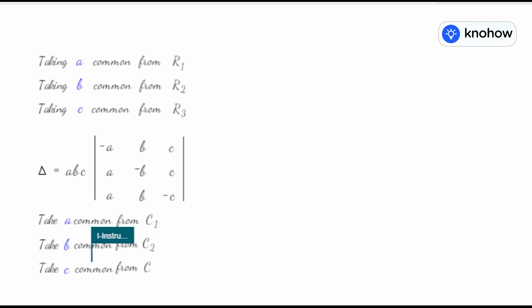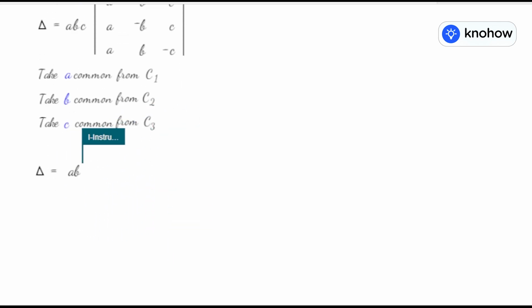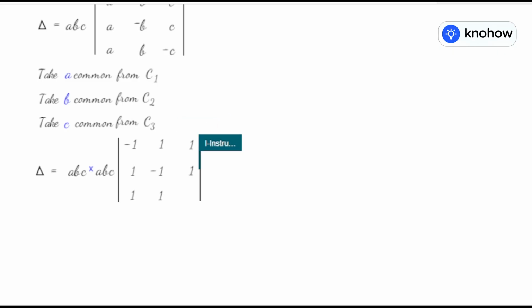So now your determinant has a, b, c that was already there, and again you are taking a, b, c common. And what are the elements now? The elements will be negative 1, 1, 1, and you get 1, negative 1, 1, and 1, 1, negative 1. So you get the value of determinant is now a square, b square, c square outside.